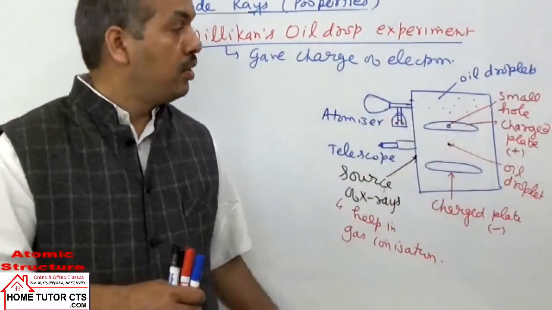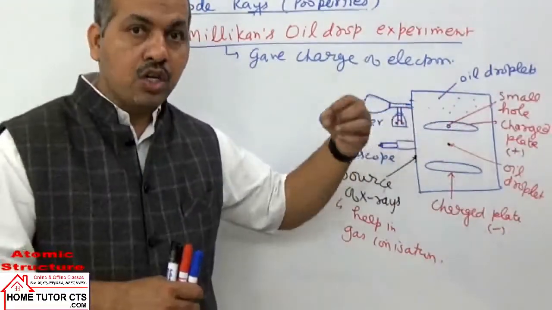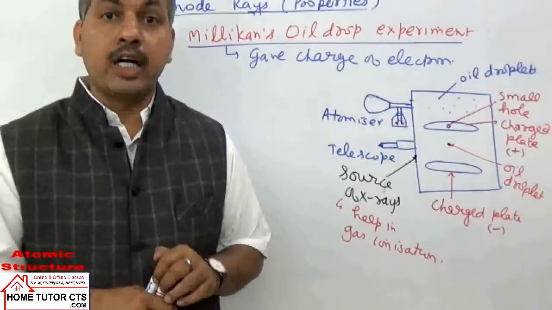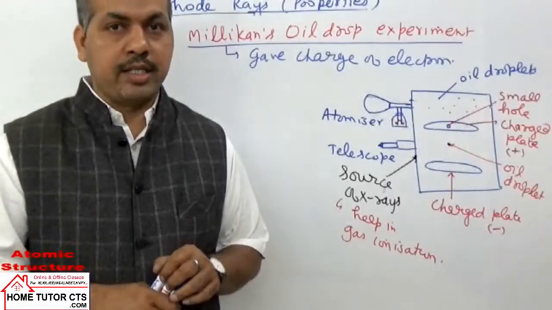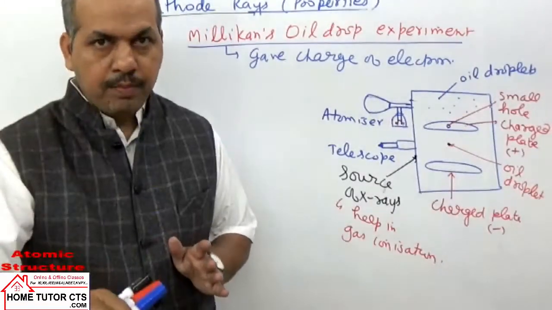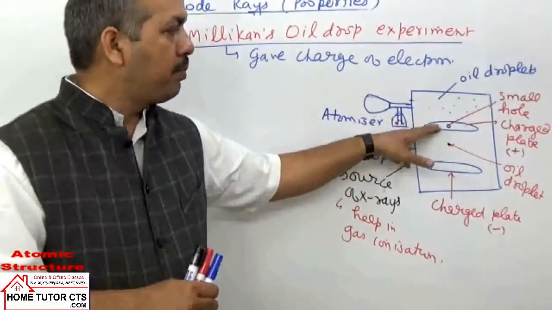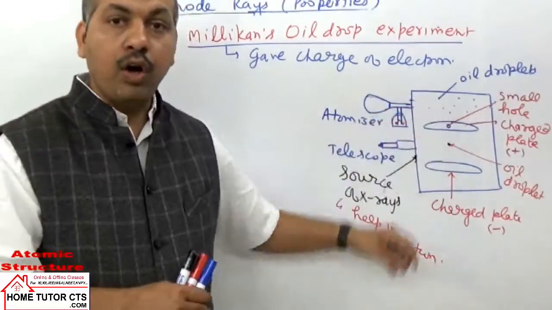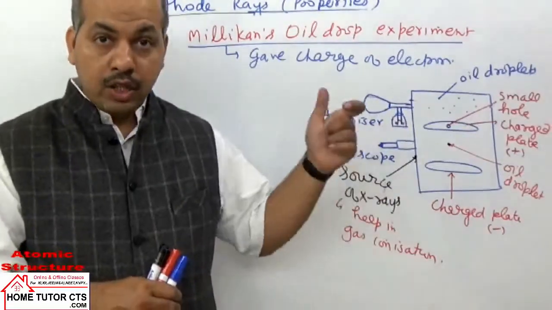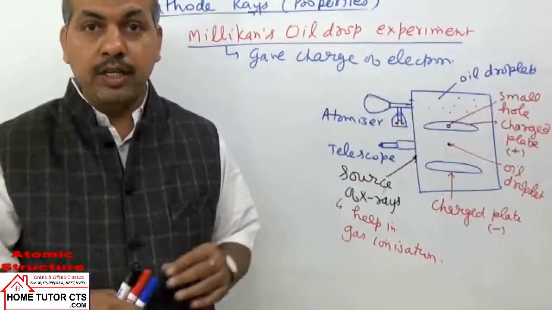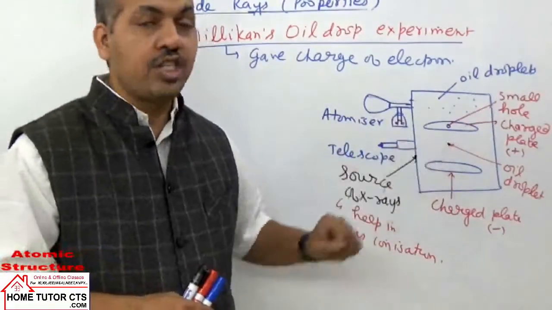Then we put in the oil droplet, which absorbs electrons, and the oil droplets acquire negative charge. They will fall below under the effect of gravity. At the same time, the positive plate attracts the oil droplets. The strength of the electric field can be adjusted along with the magnetic field to make the oil droplet stationary.